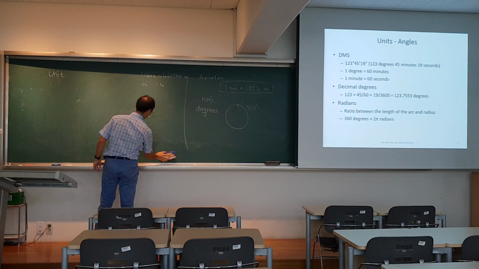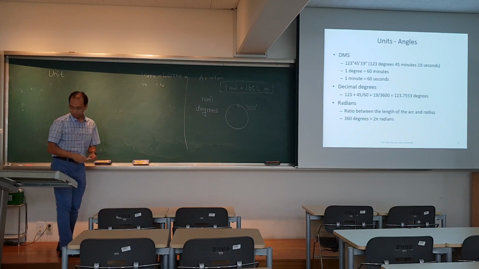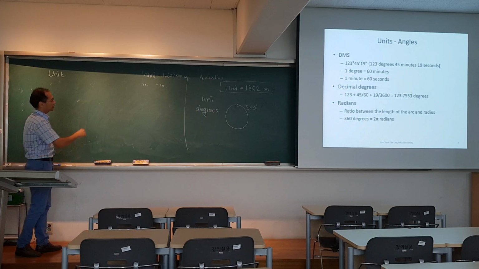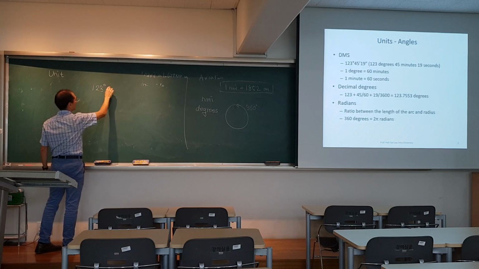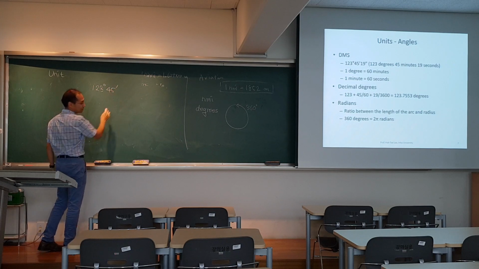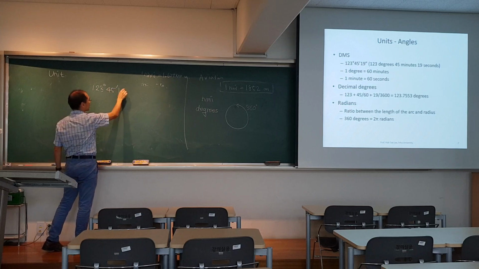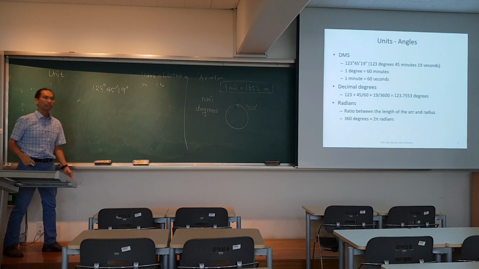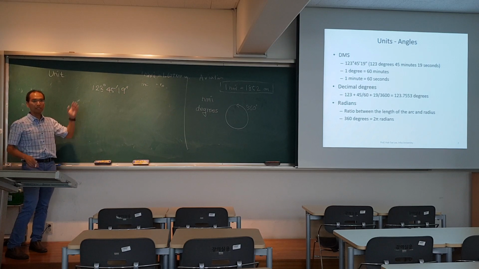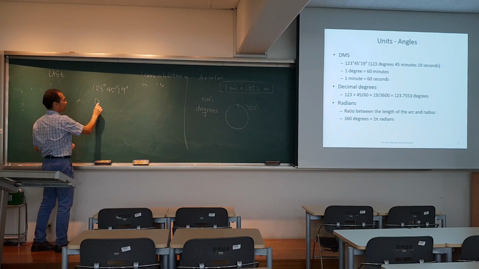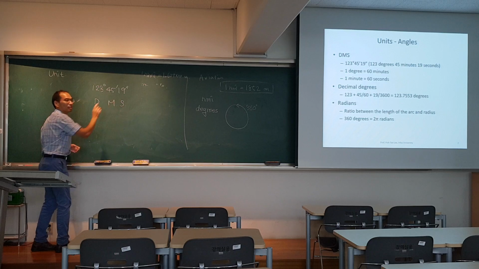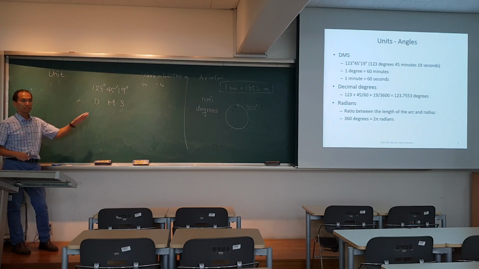And here there's an interesting format: 123 degrees, 45 minutes, 19 seconds. For degrees, traditionally, they use the degree, minute, second format a lot. So this is called the DMS format.